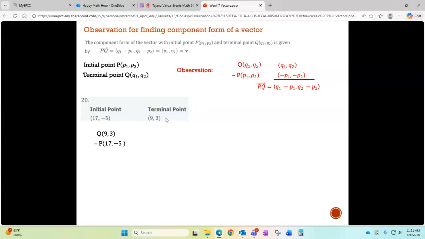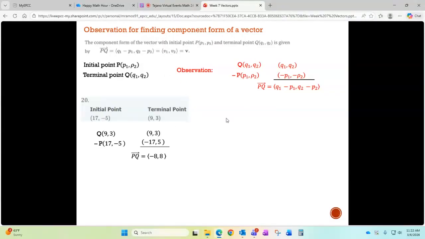Again, you take the Q point, 9, 3, and you subtract the P point, or change the signs of the P point. So we have 9, 3. If I change the signs, I have negative 1, negative 7, 5... or we take the opposite of that. So 9, 3, change signs, negative 17, 5. And now we just add these up. 9 and negative 17 is negative 8. 3 and 5 is 8.